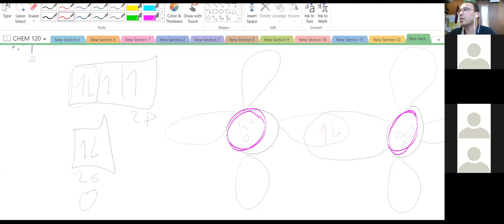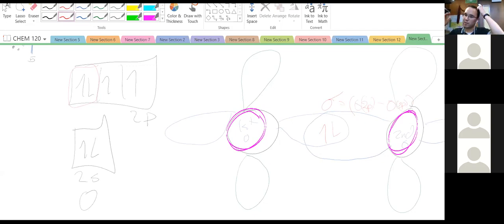So is this a sigma bond or is this a pi bond? Sigma. Sorry, what was that? Sigma. So this is our sigma bond. And so you could say that that sigma bond is formed by oxygen's 2p orbital overlapping with the other oxygen's 2p orbital.